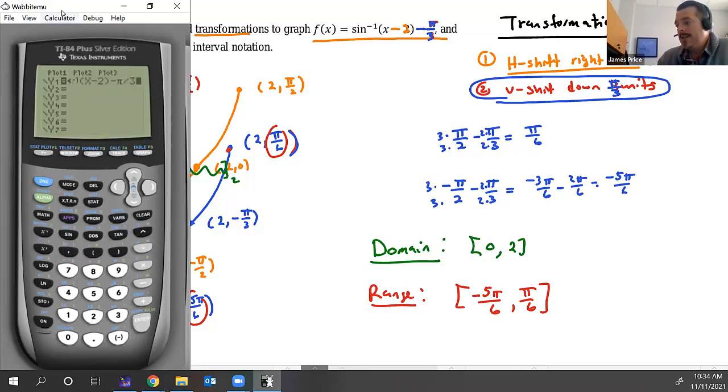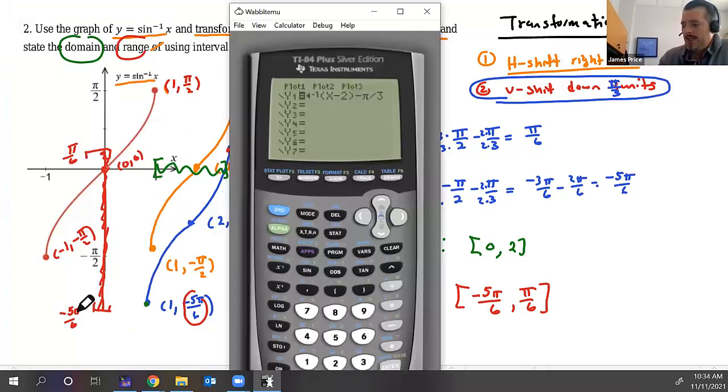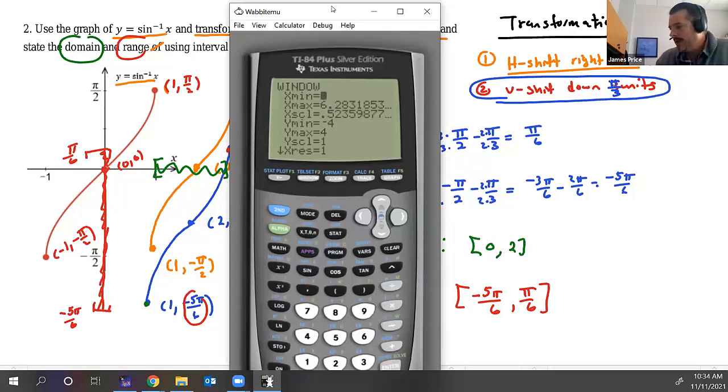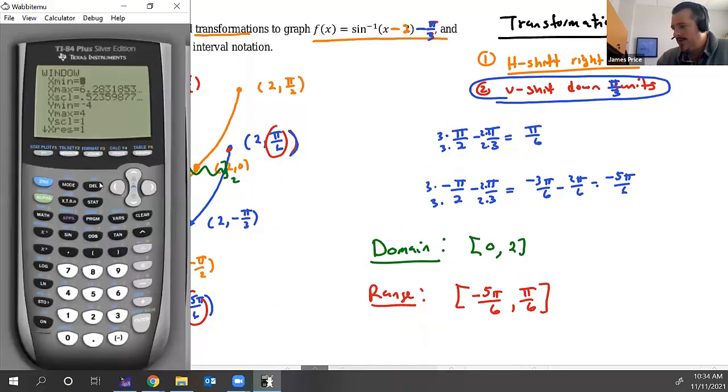Now here's where it's tricky. You got to make your window. If you make your window and use the numbers here, like negative 5 pi over 6, up to pi over 2, you can kind of get a good feel for what this is going to look like, right? So here, my calculator's off the screen. So for x min and x max, I'm going to go from negative 1 out to 2.